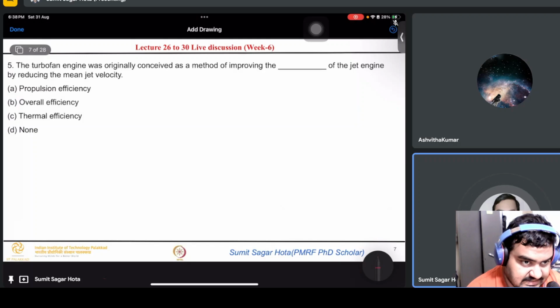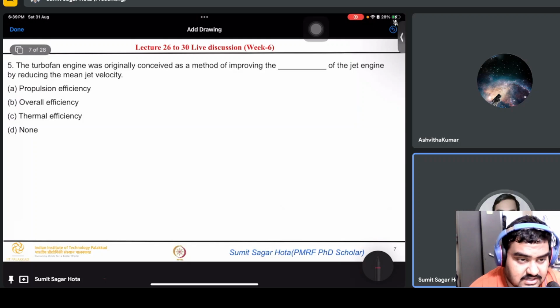The turbofan engine was originally conceived as a method of improving the propulsion efficiency of the jet engine by reducing the mean jet velocity.